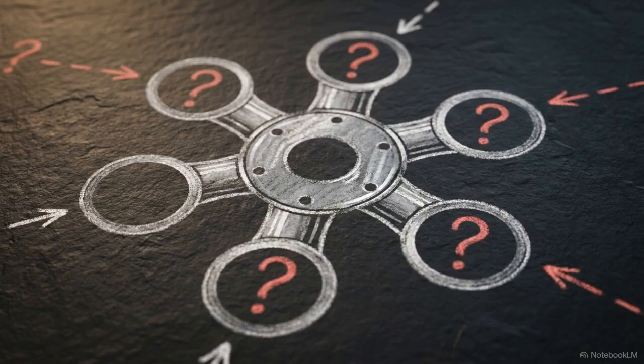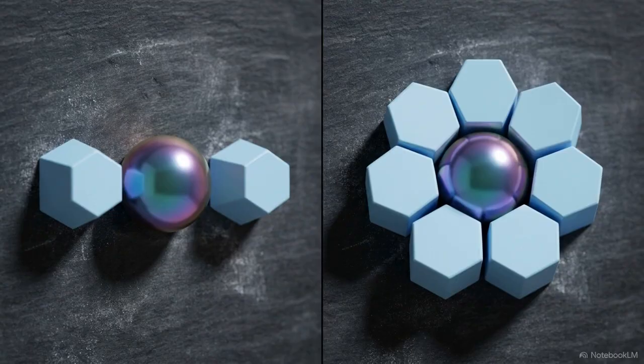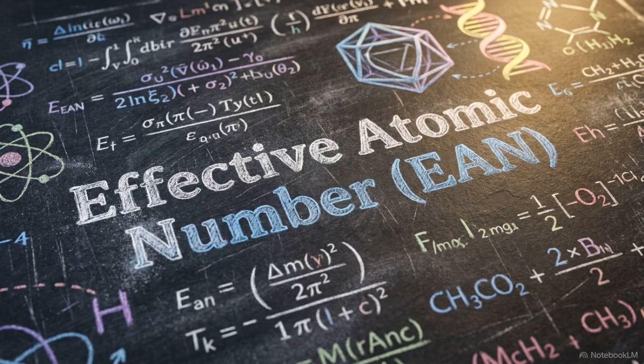But how does the metal decide when its architecture is finished? What dictates exactly how many ligands it takes to achieve stability? The thermodynamic driving force behind this assembly is mapped out by Sidgwick's effective atomic number, or EAN, rule.